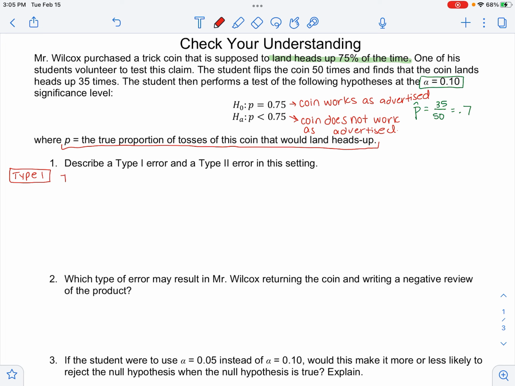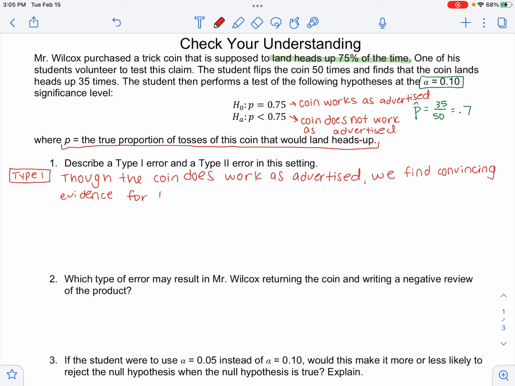So I'm going to say, though the coin does work as advertised, we find convincing evidence for the alternative that the coin does not work as advertised.